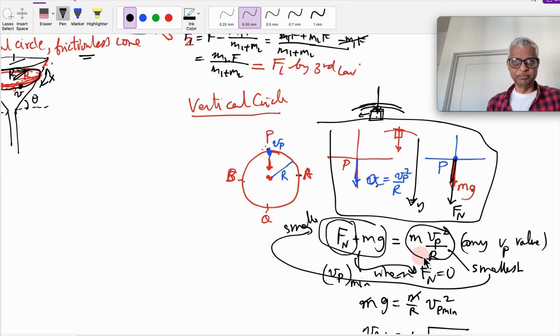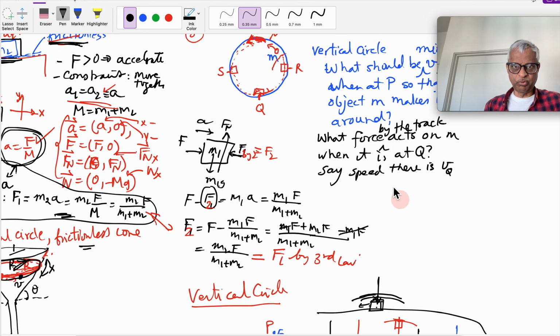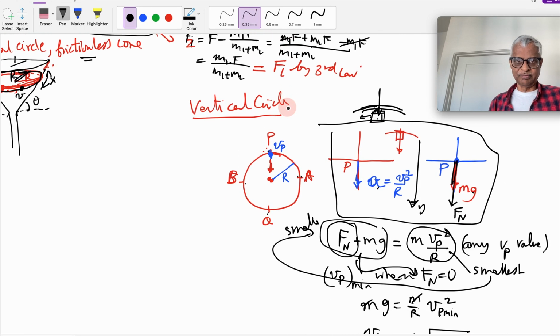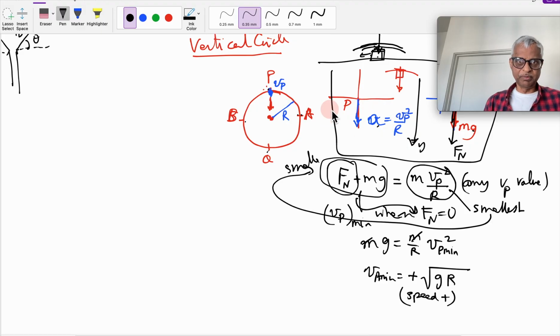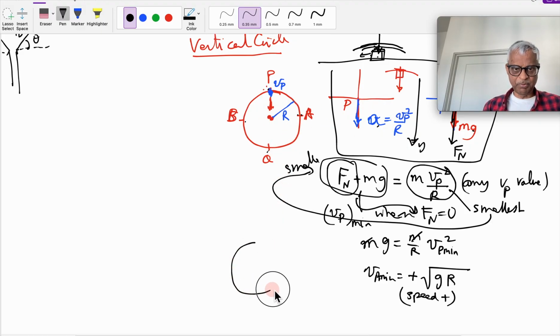Okay, so that's the point P. Let's look at a point Q, and maybe A. So what will happen at Q?